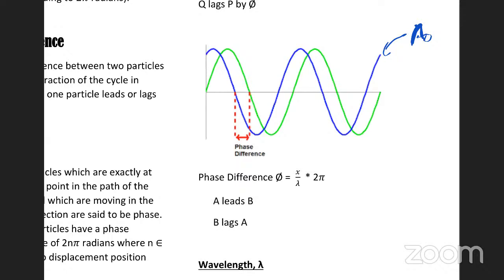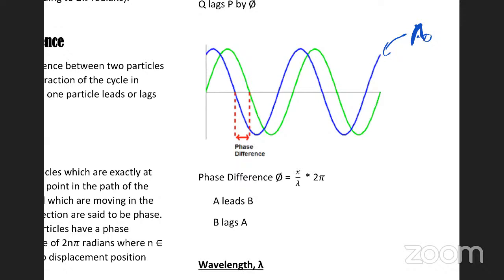All you have to say is whether the green is leading or the blue is leading. Come on, message quick, Amelia. And Devesh, I'll show you on your phone. Yeah, we know A is leading, but which one is A?